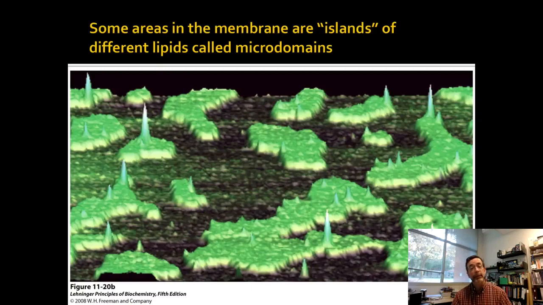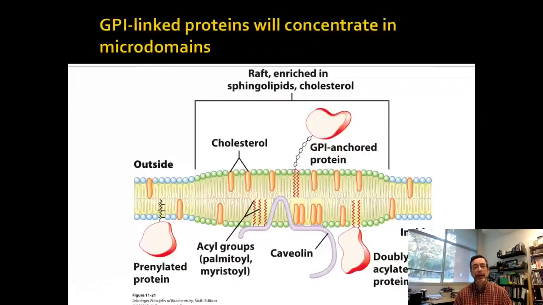You can have different proteins that are even anchored with lipids that will associate with these little microdomains. And so it's not just proteins floating around the membrane. You can have microdomains of thicker lipids that are themselves floating around the membrane. Here's a cross-section of a microdomain, and you can see there may be additional cholesterol, but sphingolipids in particular will be enriched in these thicker microdomains.